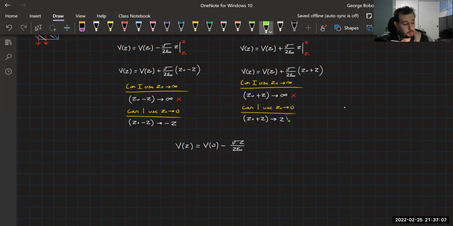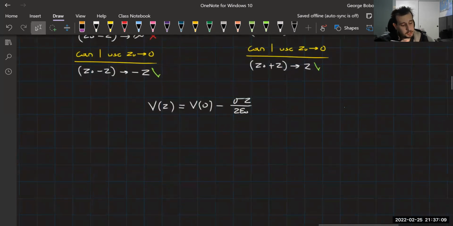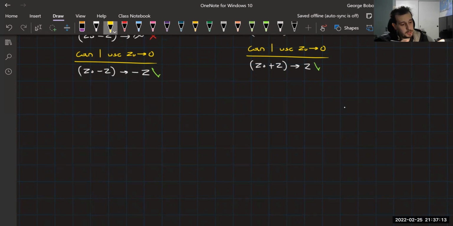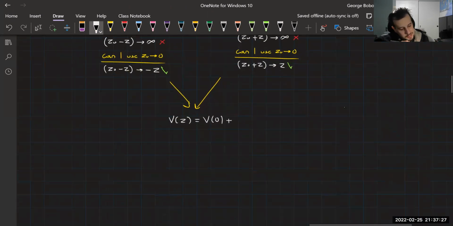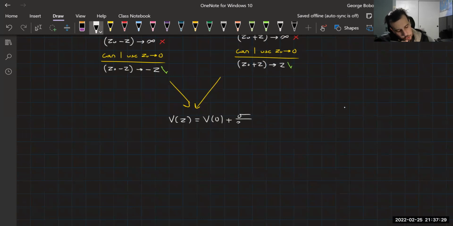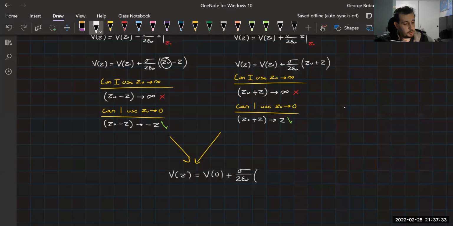So what do we conclude then? We conclude that our potential function, when we combine all our results together, will be V of z, some constant potential. We said that we're going to take 0 now as z naught, and we add to it sigma over 2 epsilon naught. And since z naught is 0, it vanishes.